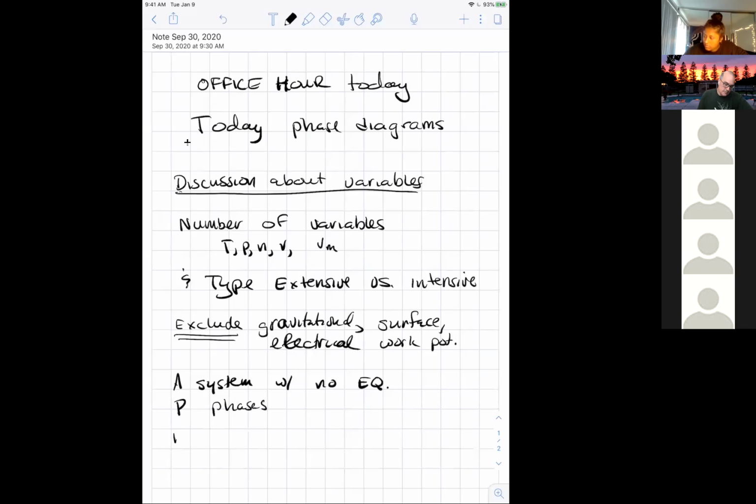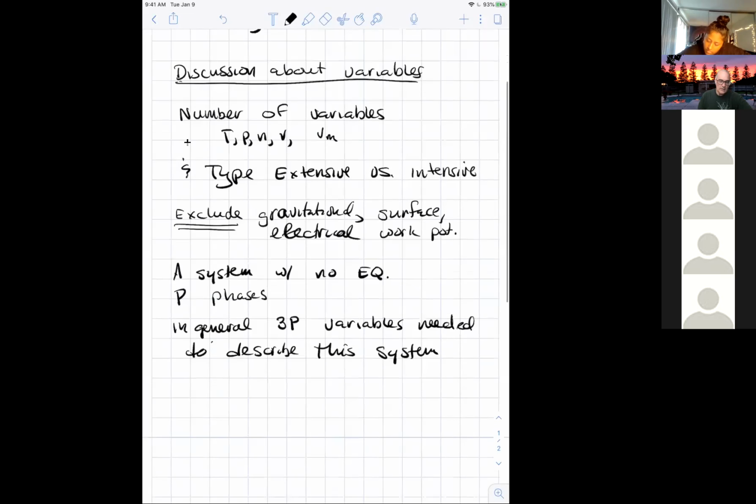Then in general, there will be 3P variables needed to describe this system, right? So typically this would be something like T, P, and N, for example. P and N and V are not independent, right? So we could specify the volume or the pressure, but for example, it might be T, P, and N. And this is a system where there's no equilibrium going on.